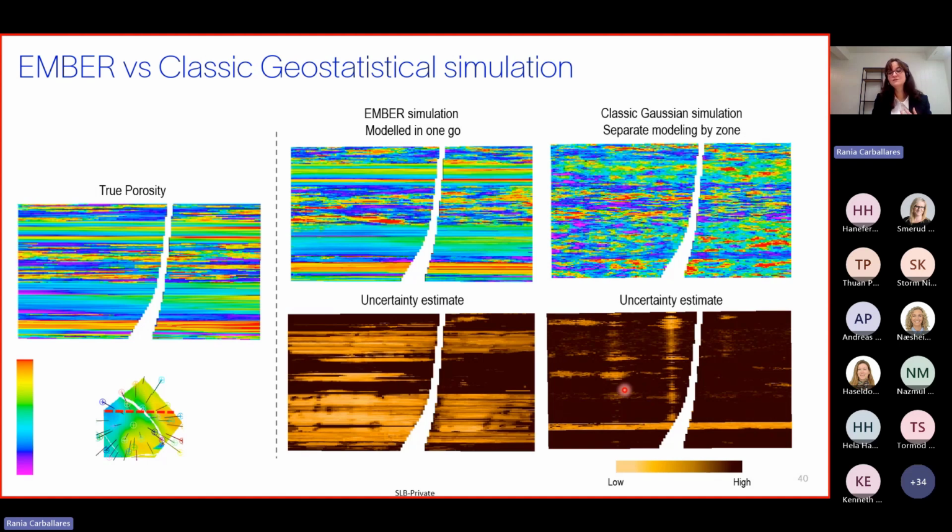And that's why the uncertainty estimation in EMBER is very realistic. It doesn't mean that if we have a high relative acoustic impedance, there isn't porosity data in some scenarios.